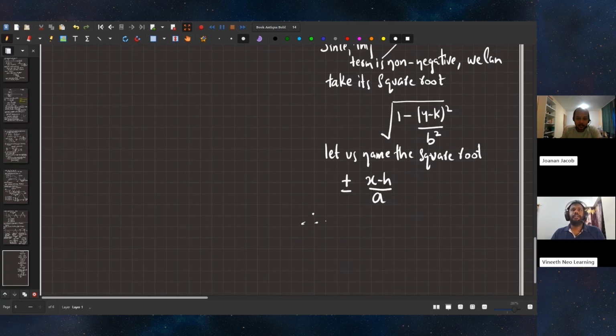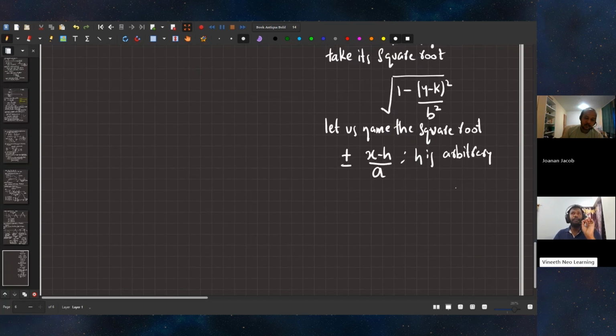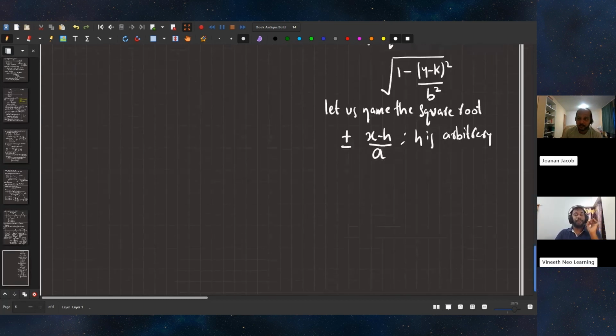Is this related to our h in the equation? No, h is just an arbitrary number. h, a and b are arbitrary numbers that I am plugging in so that I can get a result.